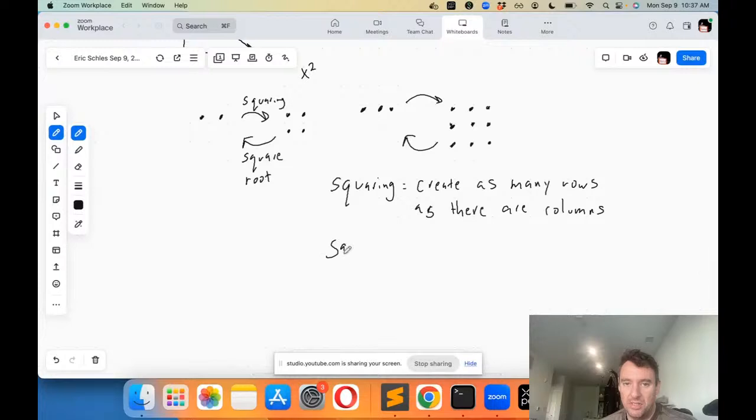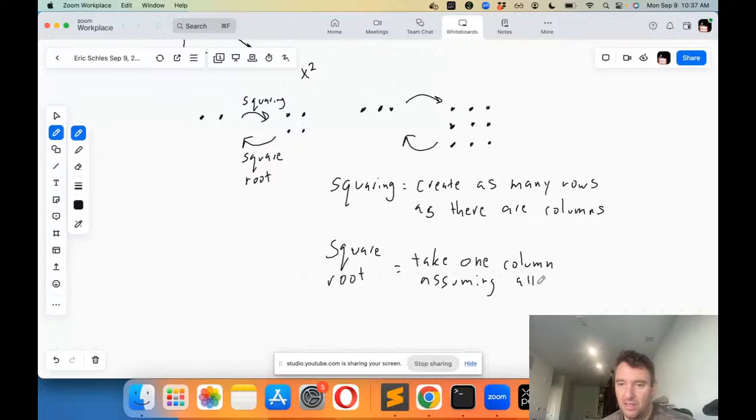And then square roots is literally: take one column, assuming all columns are of equal length.